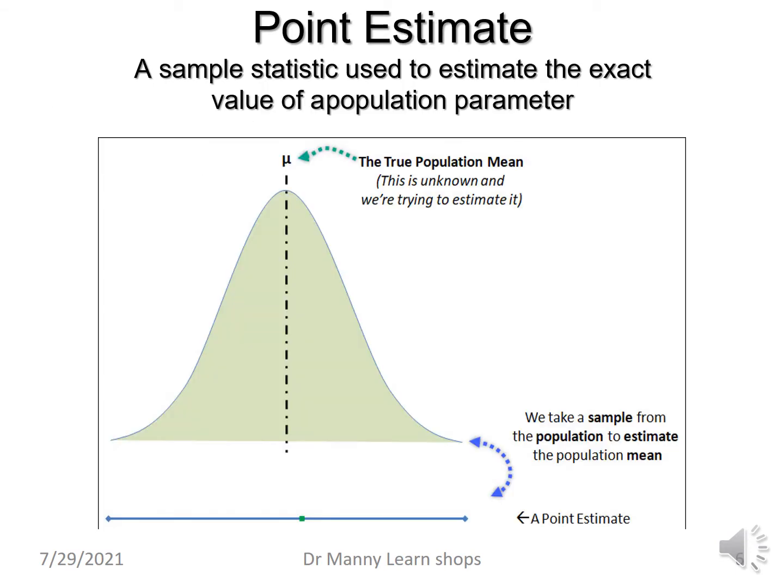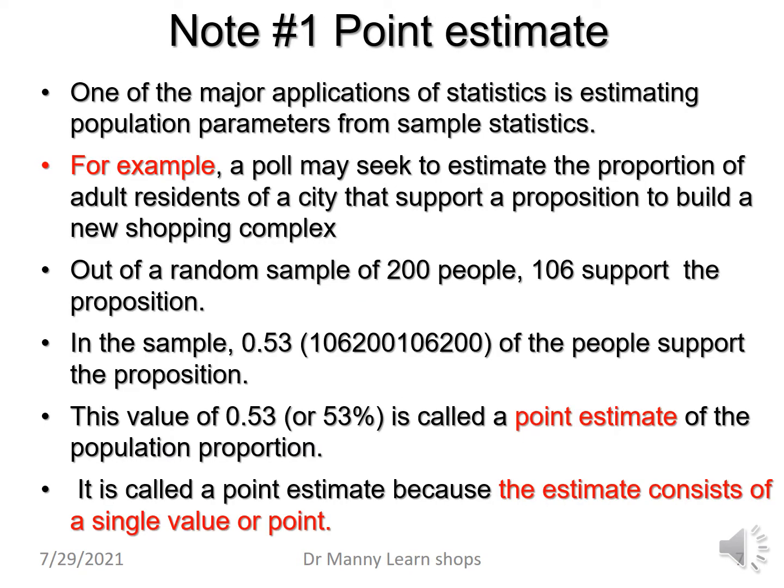So, the point estimate is a sample statistic used to estimate the exact value of a parameter. The mean is an example. One of the major applications of statistics is estimating population parameters from sample statistics. For example, a poll may seek to estimate the proportion of adult residents of a city that support a proposition to build a new shopping complex.